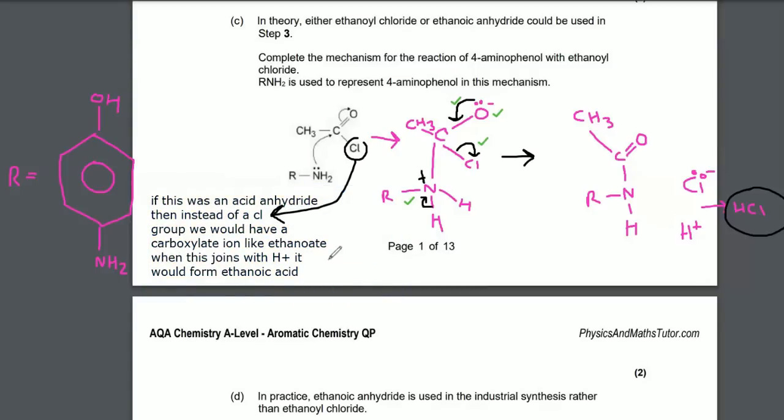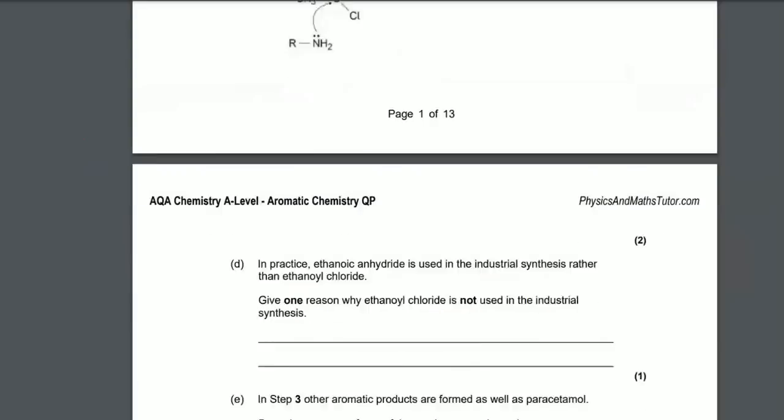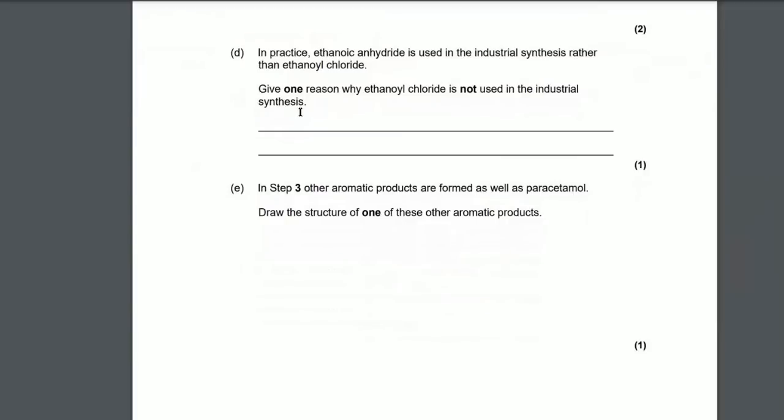So of course the CH3COO with a minus charge, or carboxylate ion, breaks off, joins with the hydrogen ion, and you get CH3COOH, and of course that's the formula for ethanoic acid. So the acid anhydride tends to be a safer reaction than using ethanoyl chloride.